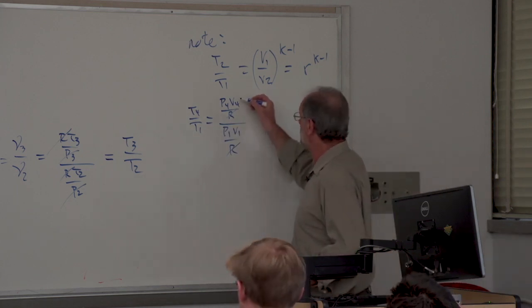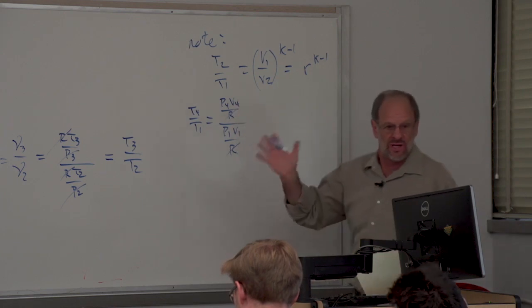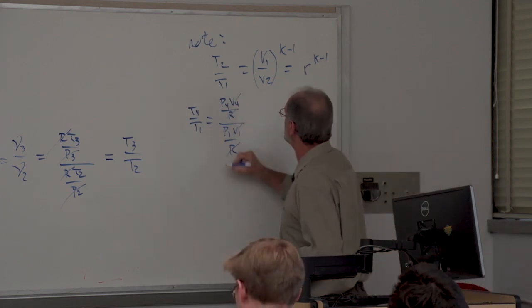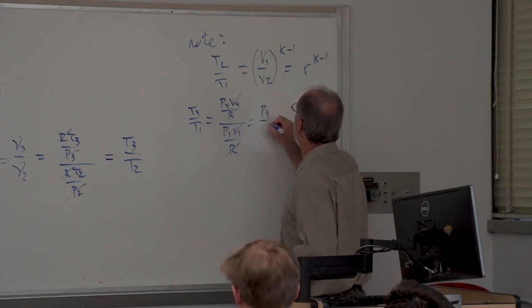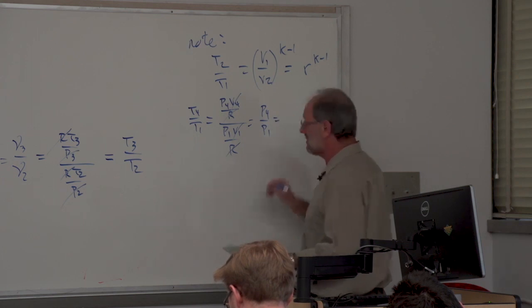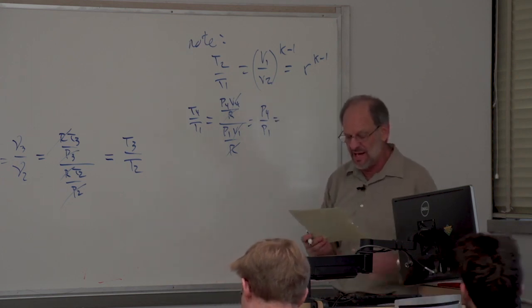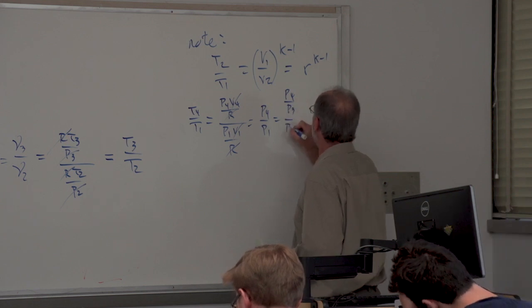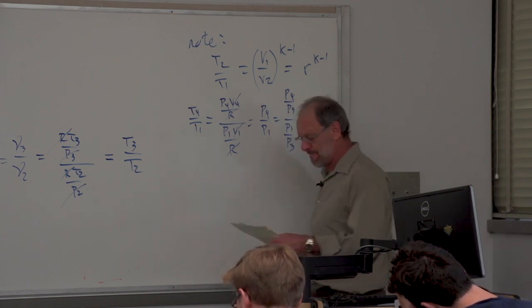Also the process from 1 to 4, really 4 to 1, is a constant volume process, right? So V1 and V4 are the same, so they cancel. So this is just P4 over P1. Now here, I want to divide numerator and denominator by P3. So I get P4 over P3 over P1 over P3.